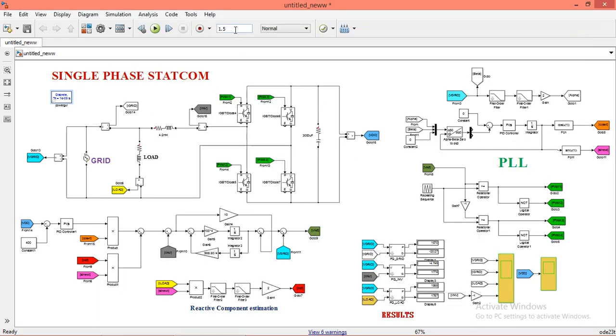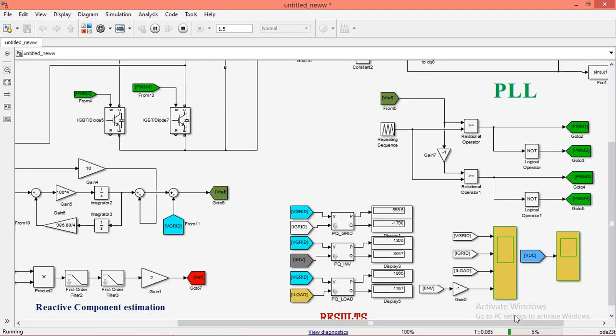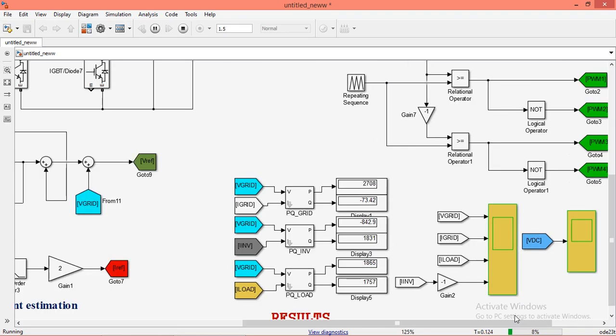And finally I have put a simulation time of 1.5 seconds. So everything is okay. Now we can run the simulation. You can see the active and reactive power of grid side, inverter side, and load side. Let's wait till the simulation finishes.